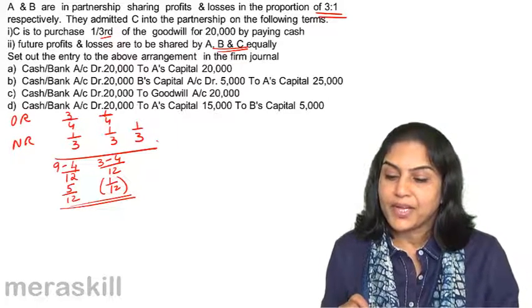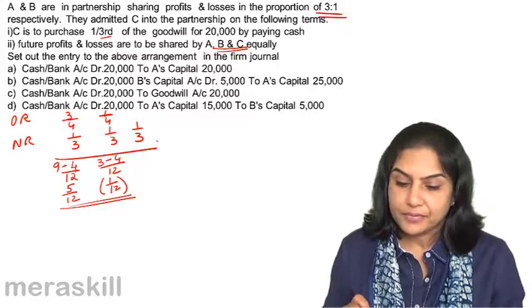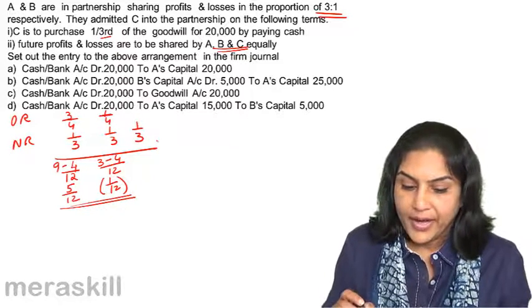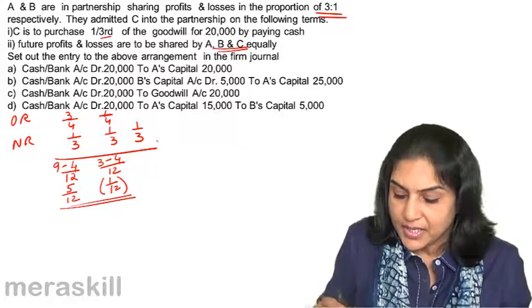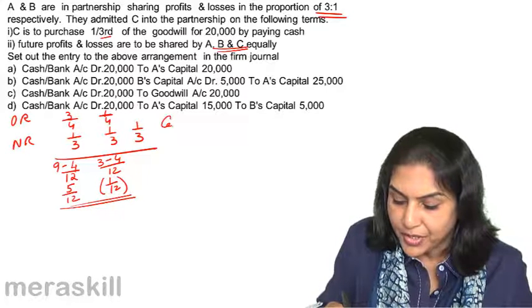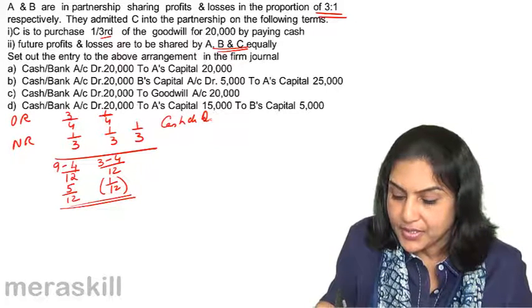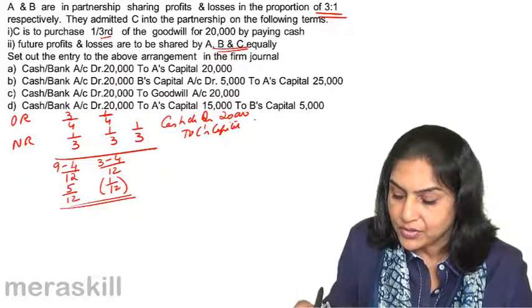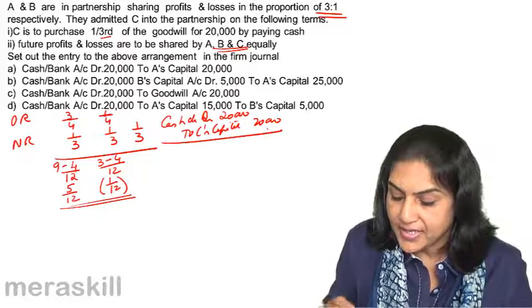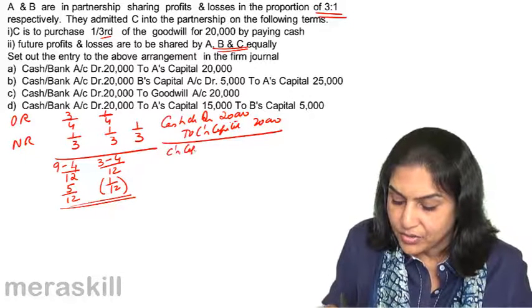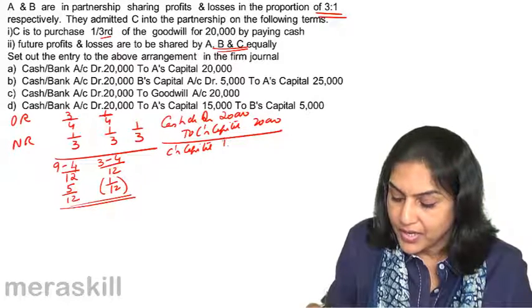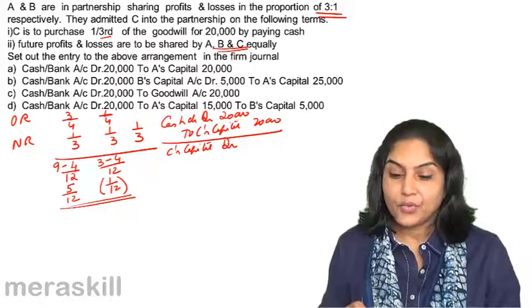So what would be the accounting entry? Cash is brought in by C. So if cash is brought in, it's cash account debit. What is the amount of cash brought in? 20,000. To C's capital, 20,000. And next, C's capital account is debited with what?